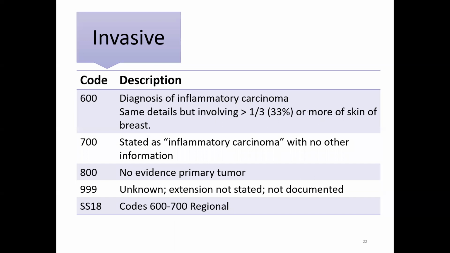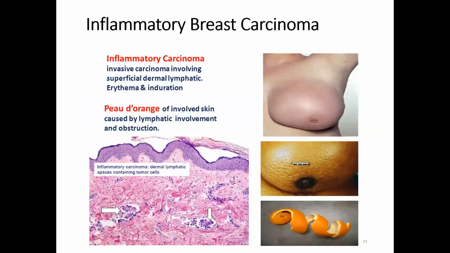Both codes 450 and 600 require a clinical diagnosis of inflammatory carcinoma by the doctor. So what is inflammatory carcinoma, or IBC? It is a clinical manifestation of an underlying cancer. The path report won't state inflammatory as it is not histology. The path report may state invasive ductal carcinoma, and the clinician then diagnoses the inflammatory breast cancer clinically.